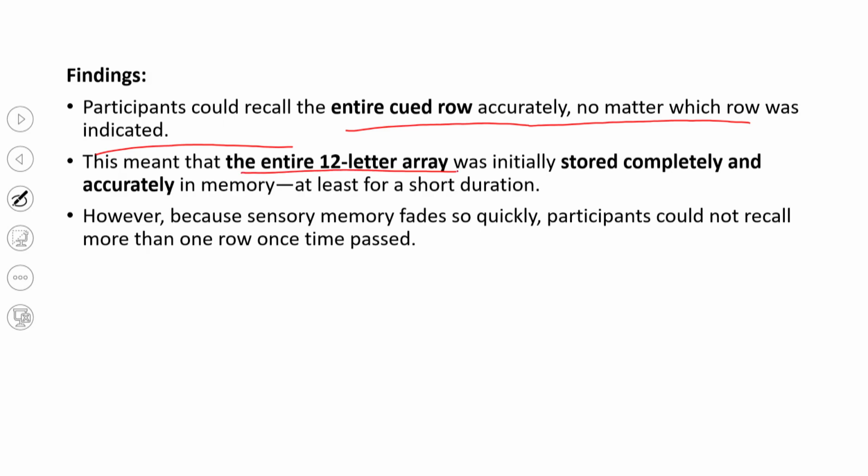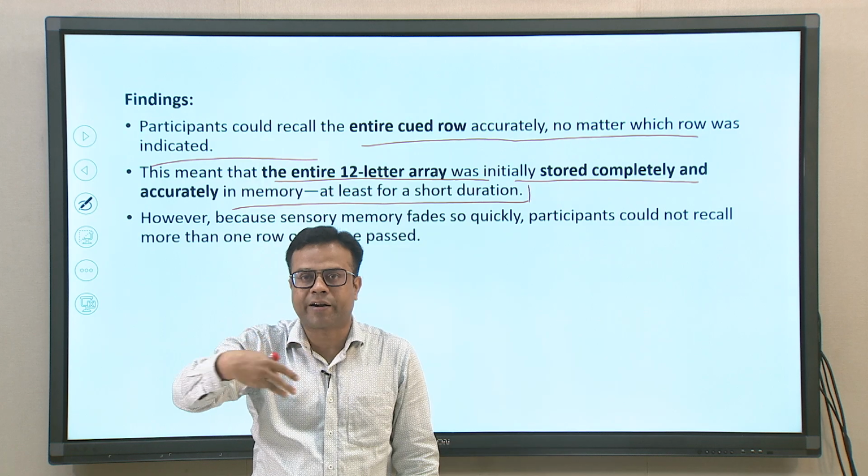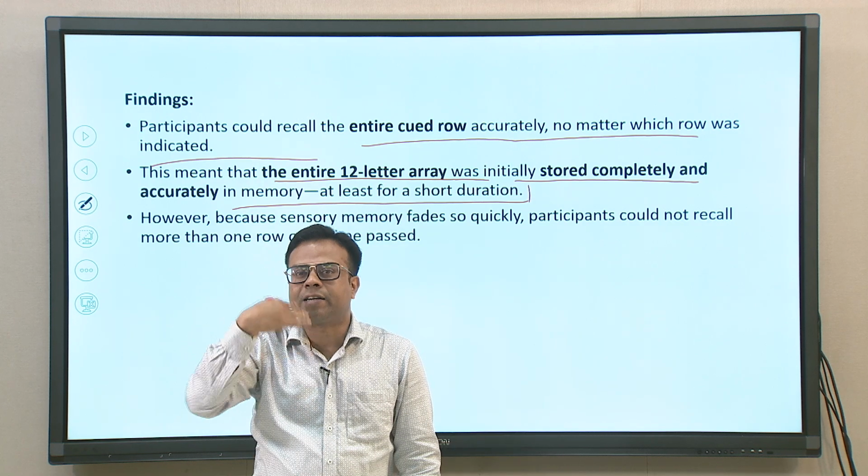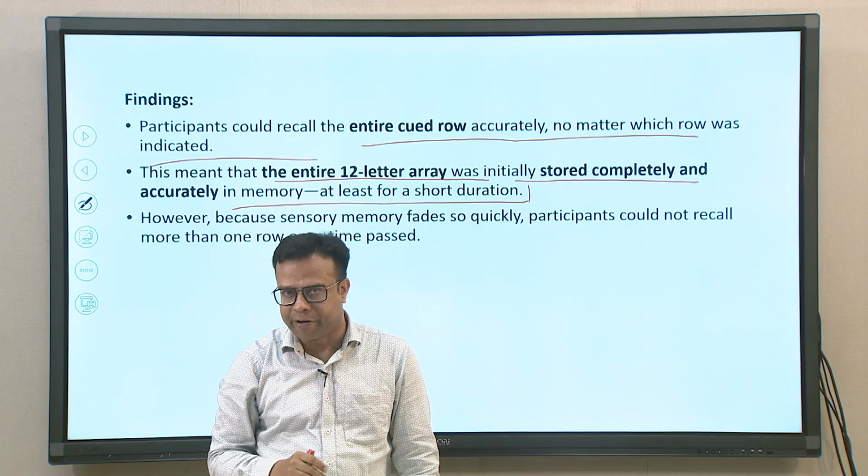This meant that all 12 letters were initially stored completely and accurately in memory, at least for a short duration. They were not supposed to report 12 letters, because reporting 12 letters takes time, and in that time a lot of this information fades away.